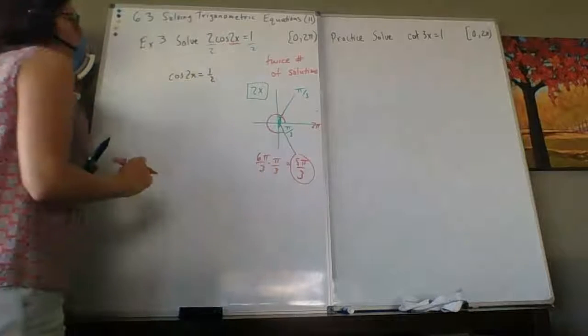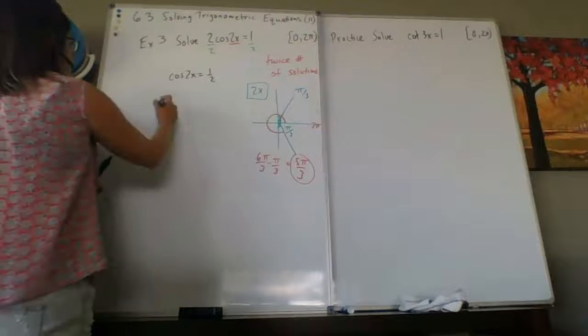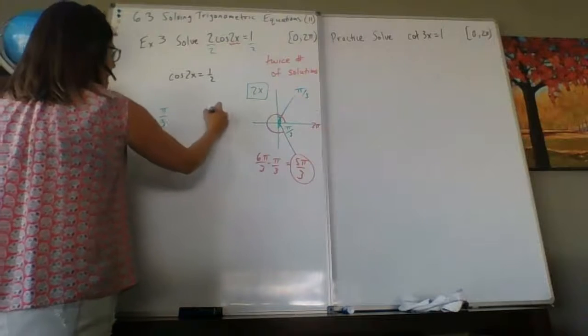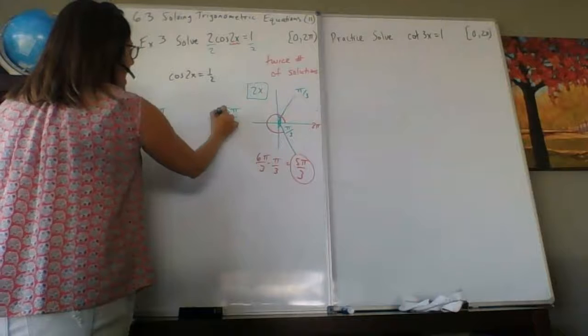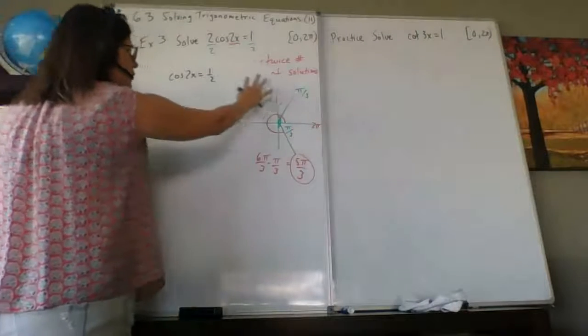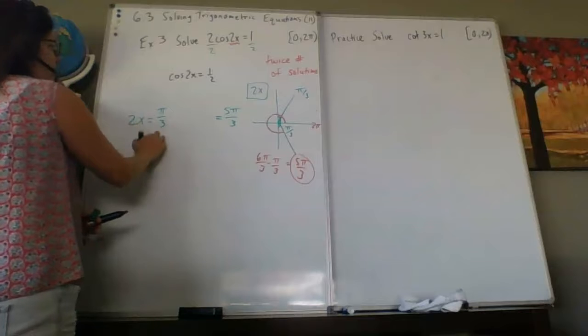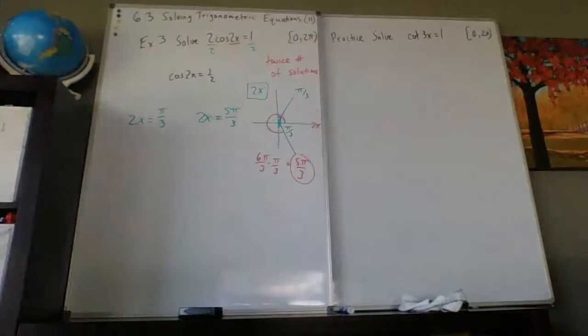So now I have pi over 3 and 5 pi over 3. But it's not x that equals these quantities because this is the picture for 2x. So it's actually 2x equals pi over 3 and 2x equals 5 pi over 3.